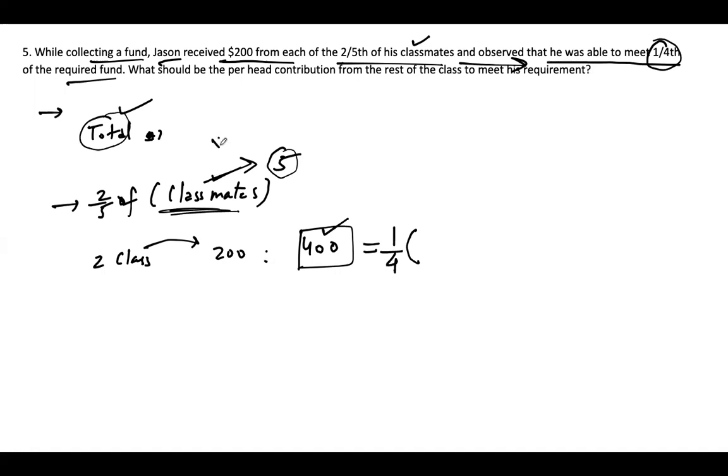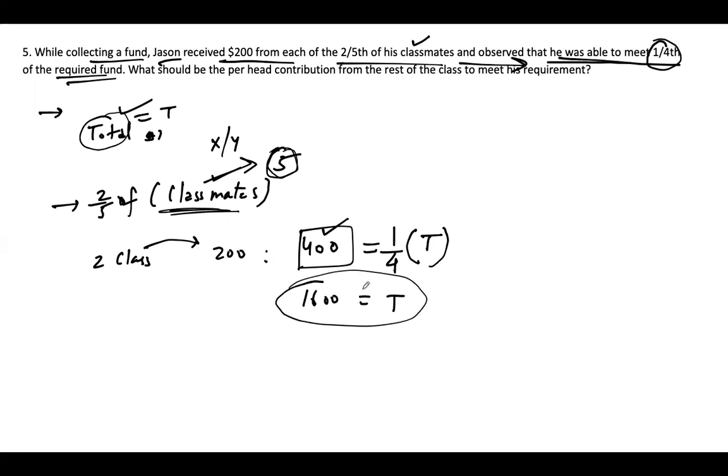You could have assumed this value to be X or Y, and you can get the same answer. I'm just suggesting an alternate approach. So this 400 is equal to 1/4 of the required fund, which is your total. I'm saying total is T. So from here, the total is nothing but 1600.